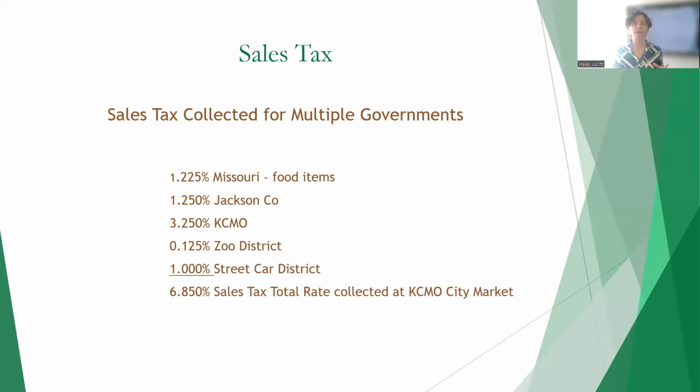Okay, here's our example of the different sales tax rates for a location. This is Missouri in our example. Whenever you file your annual sales tax report with Missouri, they already have it divided out and have the sales tax rates for each location plugged in. So we sell at the Kansas City market.